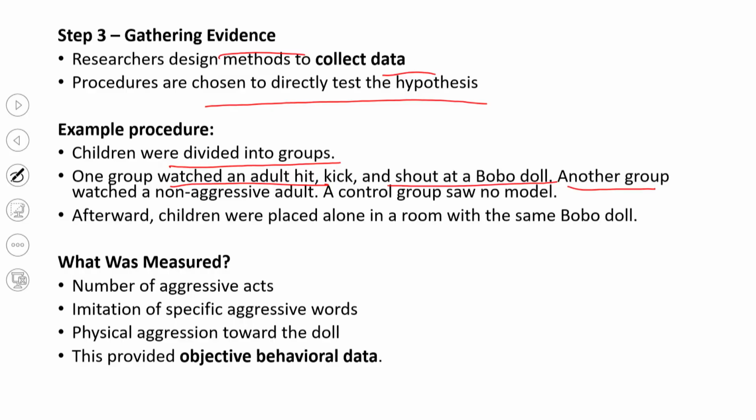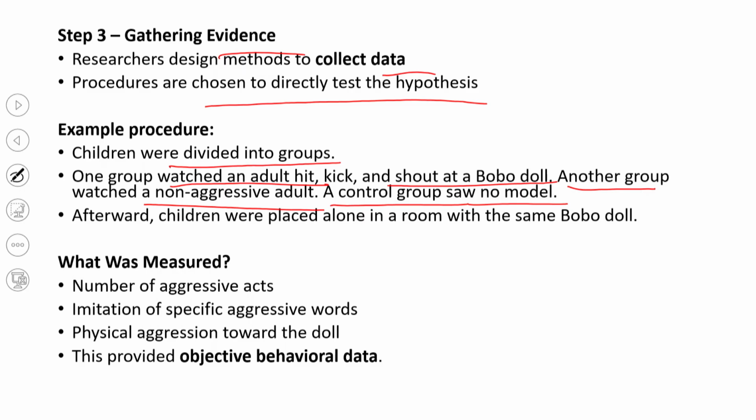Another group watched non-aggressive adults. They also saw a similar kind of video clip, but here the adult was not behaving aggressively with the doll. It was just playing with it. And there was a control group, another group who saw no model. They did not see anyone doing anything.